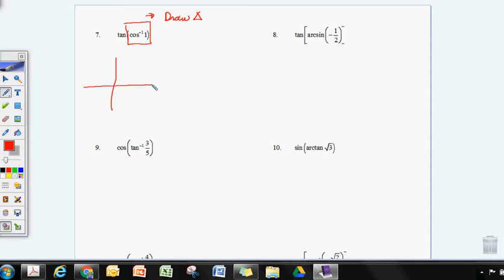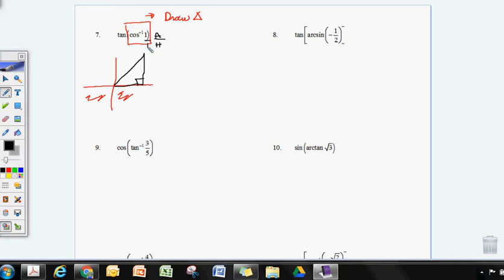So, arc cosine, or cosine to the negative 1 power. Cosine can only be found in quadrants 1 or 2. Since this is positive, it's found in quadrant 1. Got it? Cosine stands for adjacent over hypotenuse.